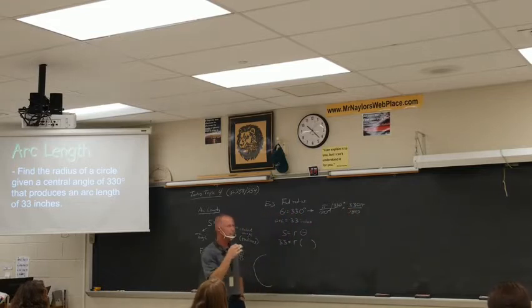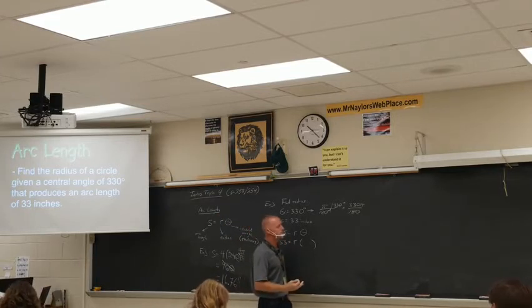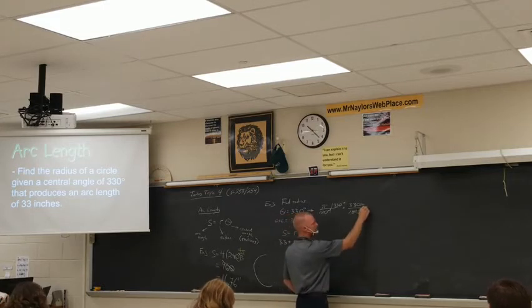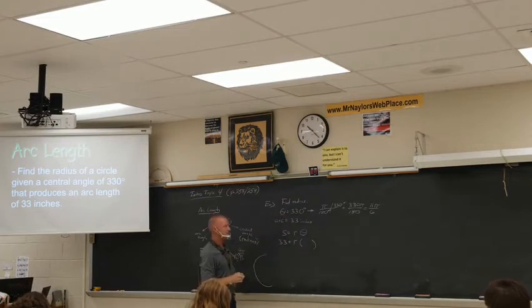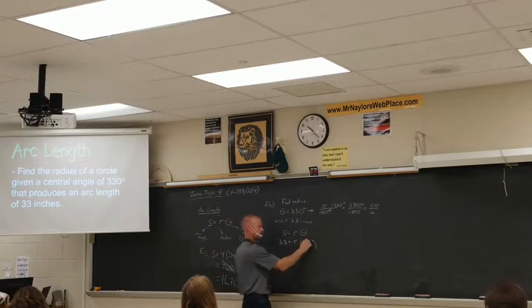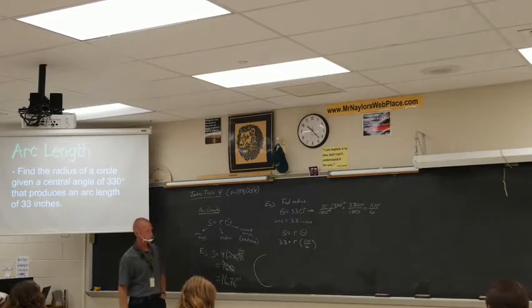Now I understand that's a number we're not real familiar with. If you reduce it by 30s, you get 11 pi over 6, which, by the way, is the same as 330. But you can plug that in for theta, do a little magic, and solve for r.